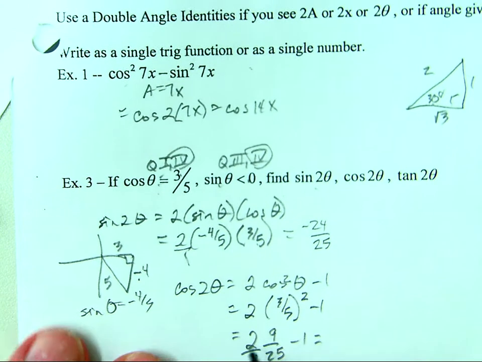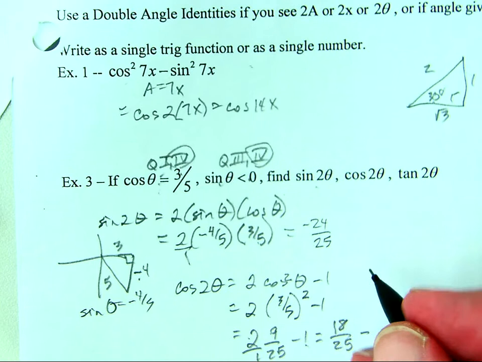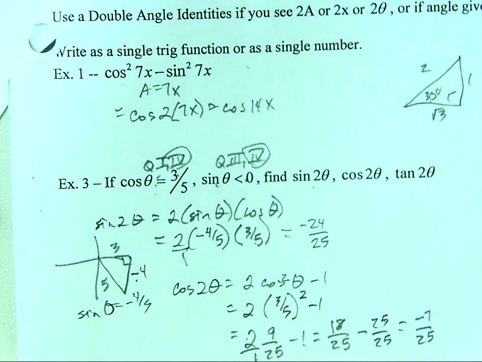So if we multiply 2 times 9 is 18 over 25. 1 is 25 over 25. So 18 minus 25, negative 7 over 25. So that's our cosine of 2 theta.